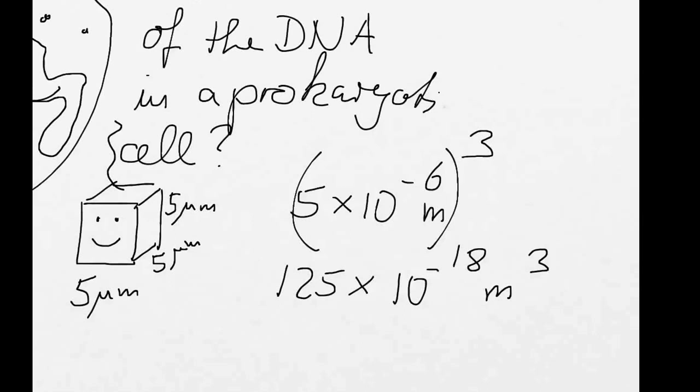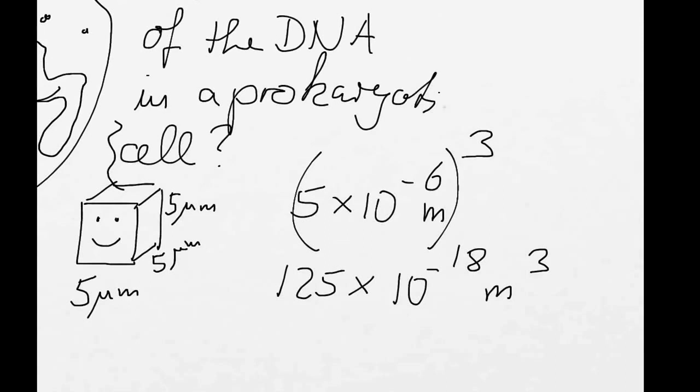But actually we want it in liters, the volume. Because our concentration is always in liters, not in cubic meters. So we need one more information for that. And how many liters are in 1 cubic meter? 1,000, exactly.